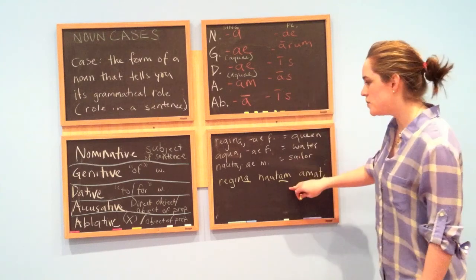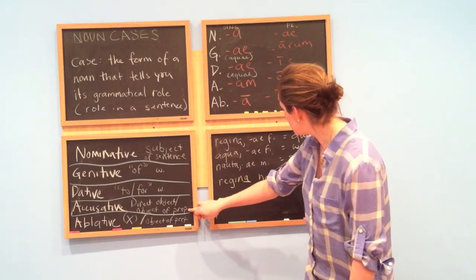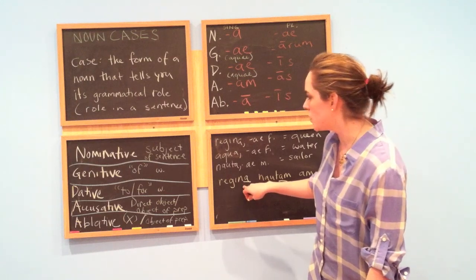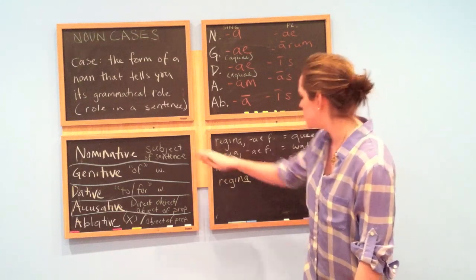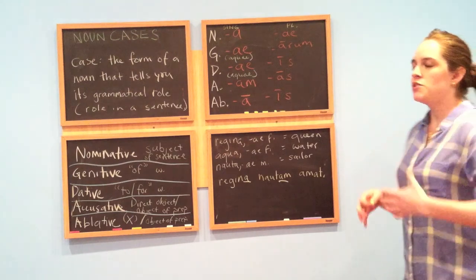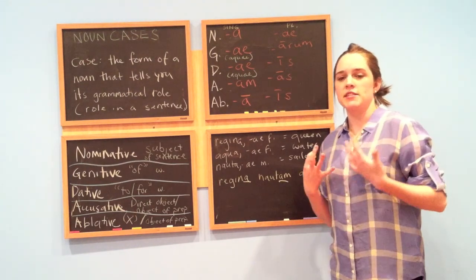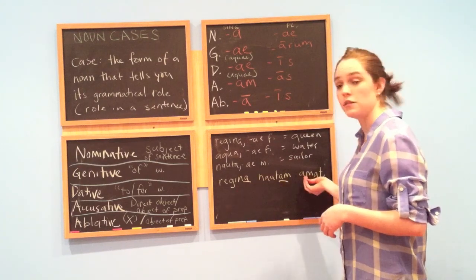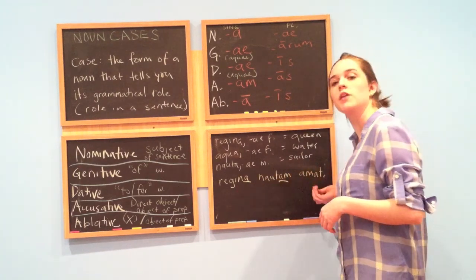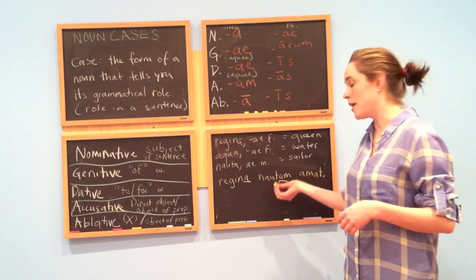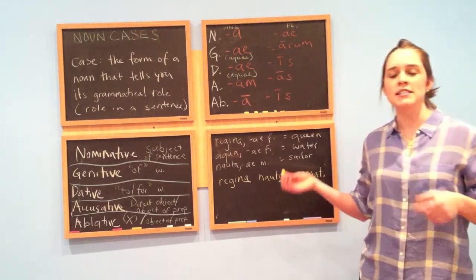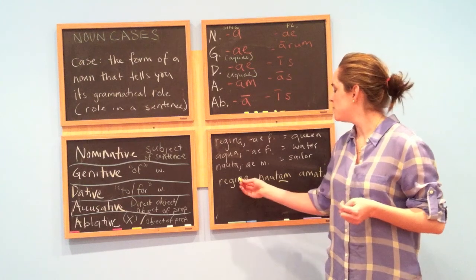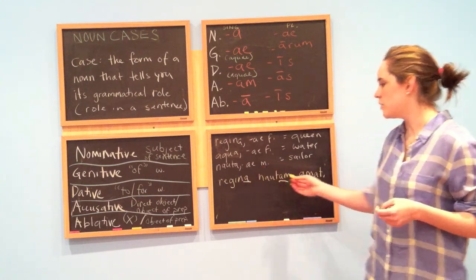So this is going to be the direct object, nautam, in the sentence, and Regina is going to be the subject, nominative. So the subject is the part of speech that does the verbing, that controls the verb. So the queen loves. The queen is the one who's loving. And the direct object, nautam, is the thing that's being verbed, that's being loved. So our sentence is, the queen loves the sailor.